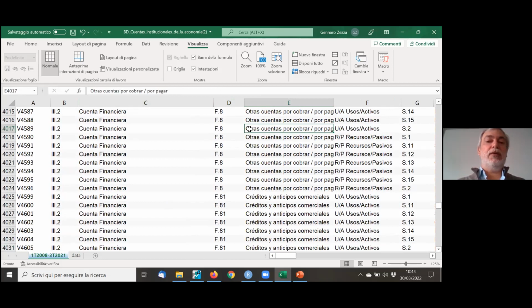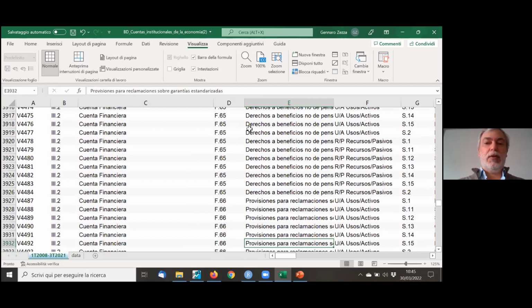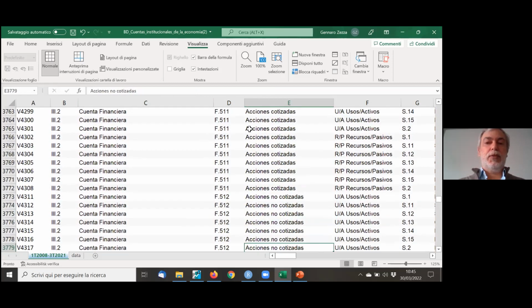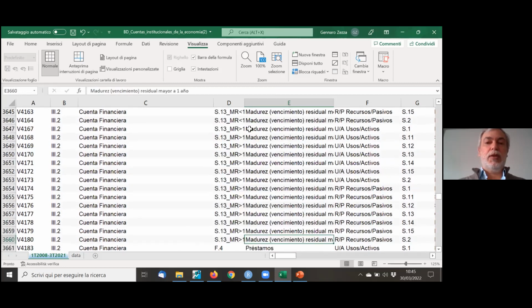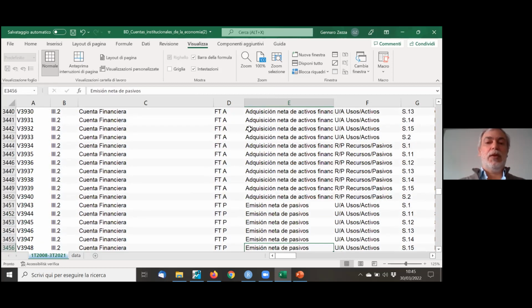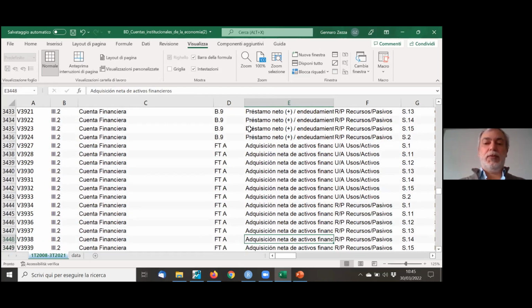And this should be the financial account here. So it should be these lines for assets.